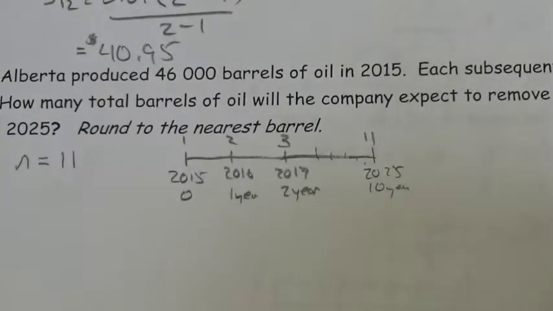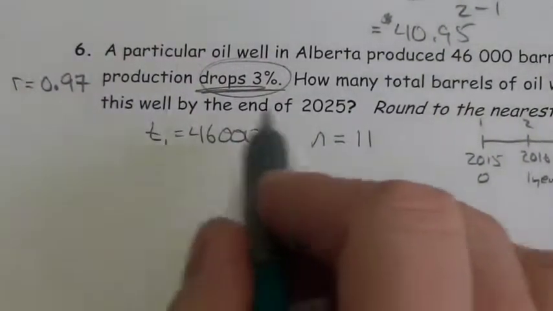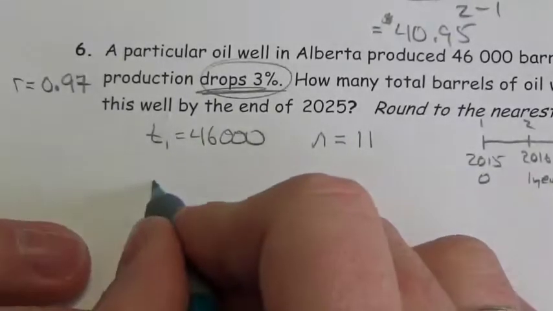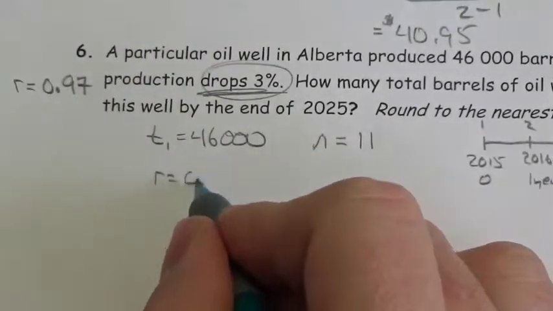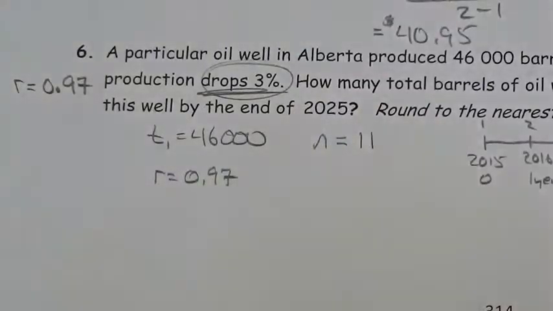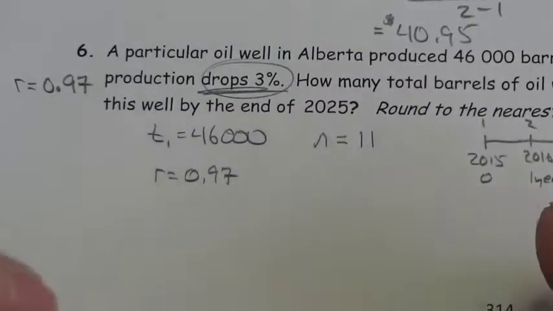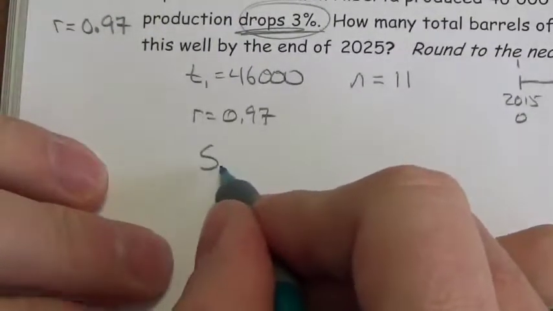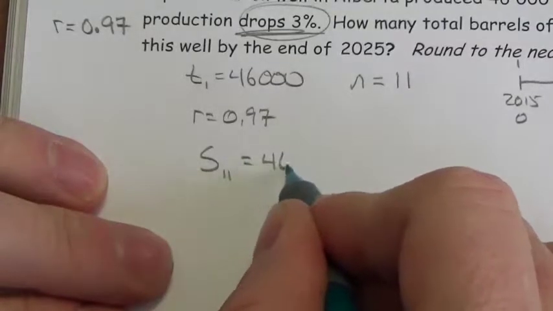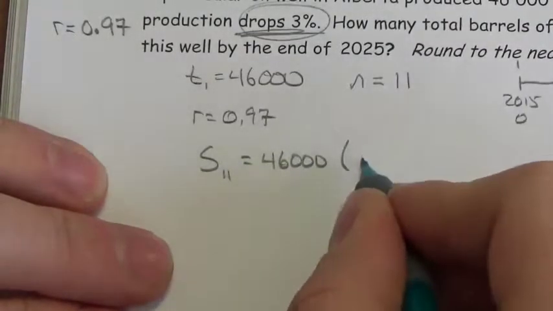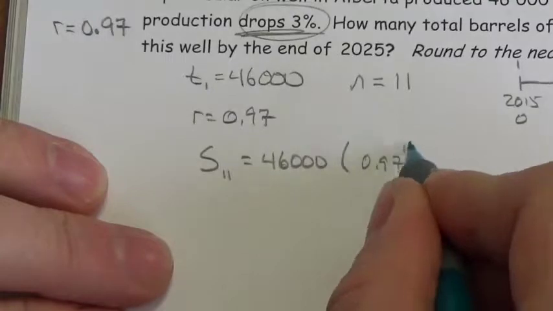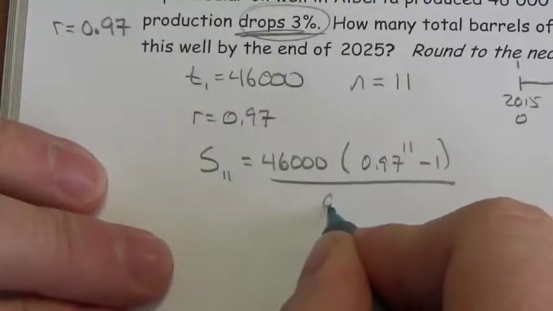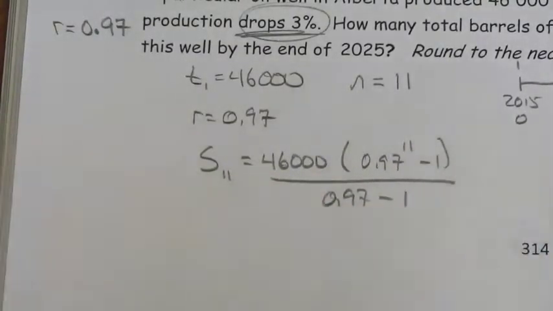If you just follow that through and count that out, you'll see that what I'm saying is correct. So now we know where we start, we know how many terms are going by, and because we paused partway through this question, we already know that R is going to be 0.97. So the sum of the first 11 terms is going to be 46,000 multiplied by 0.97 to the 11 minus 1, all over 0.97 minus 1.